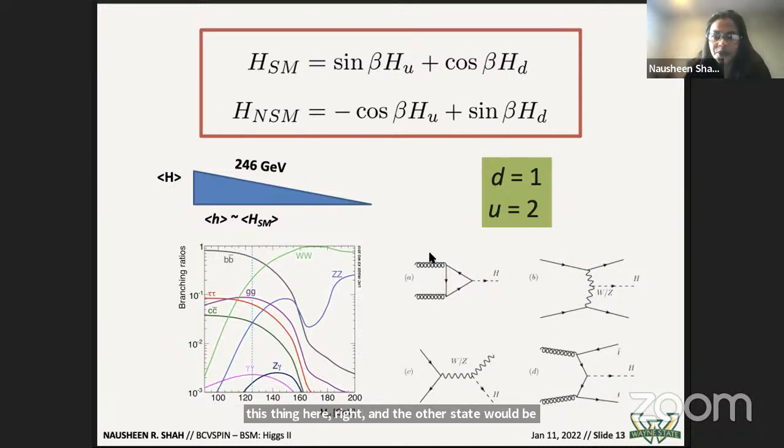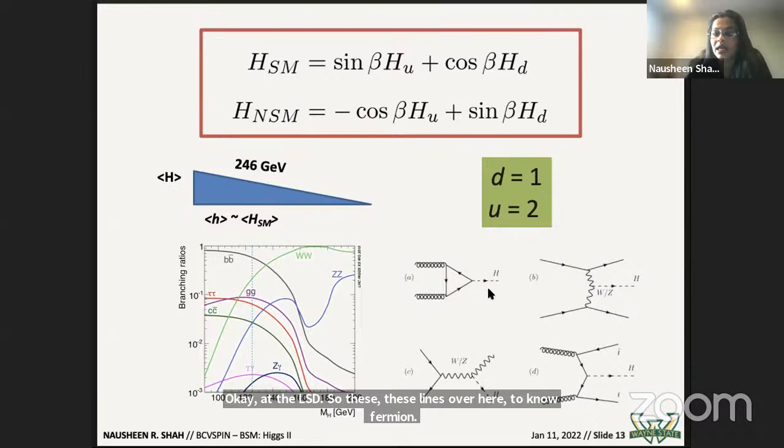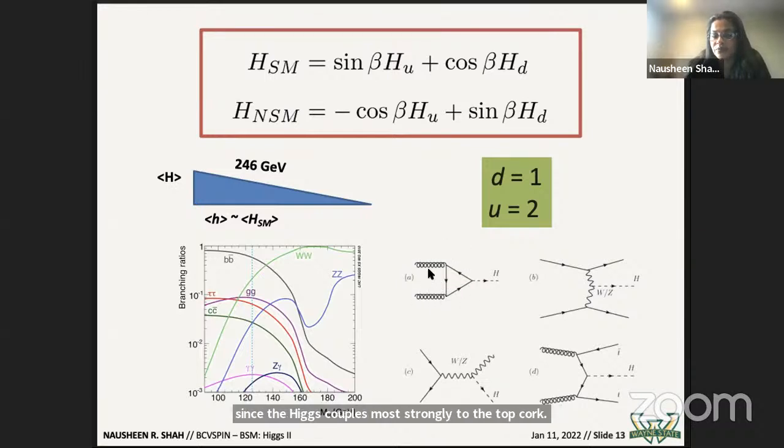And as I've shown you this picture before, what you see at the LHC will depend on what these couplings are to the fermions. So for example, the dominant mode of production of these Higgses at the LHC is by gluon fusion, okay? These lines over here denote fermions. And since the Higgs couples most strongly to the top quark, this process, going from a pair of gluons via a top quark loop to produce a Higgs, is one of the foremost production channels, right?